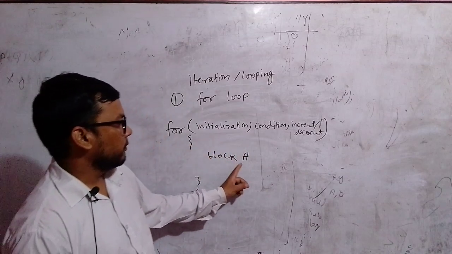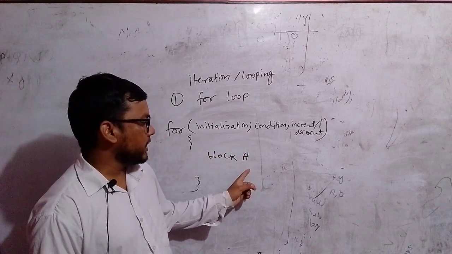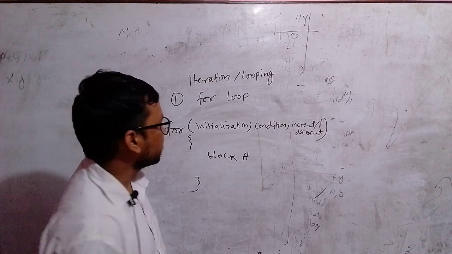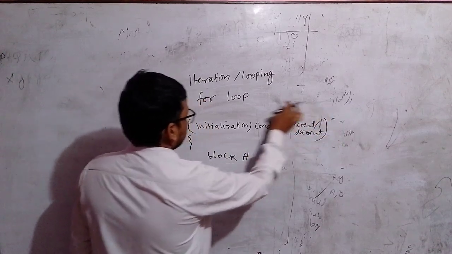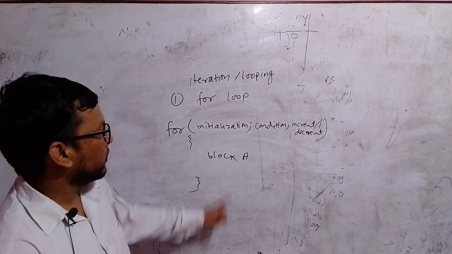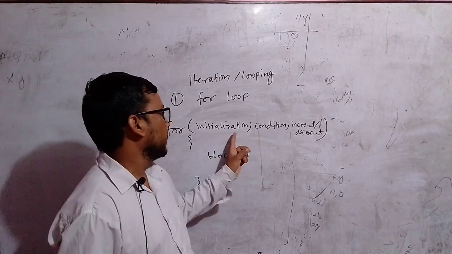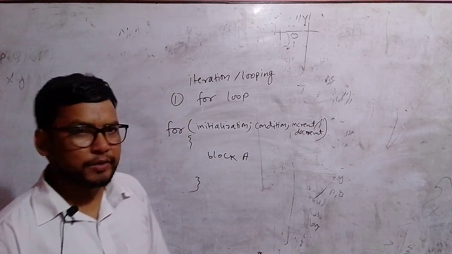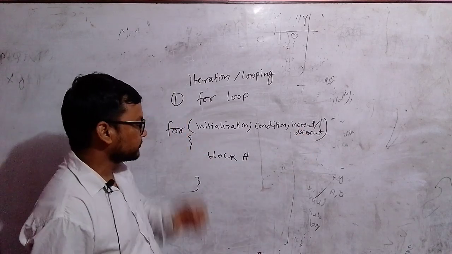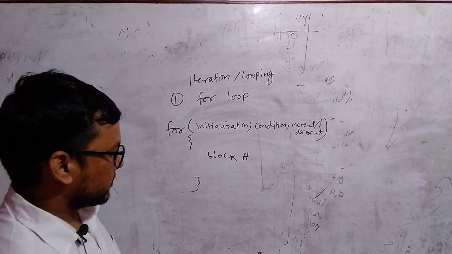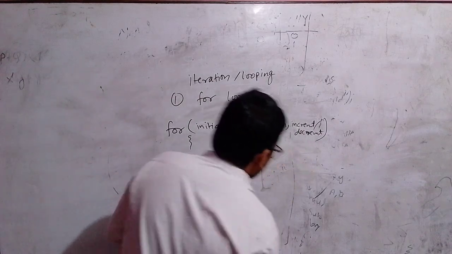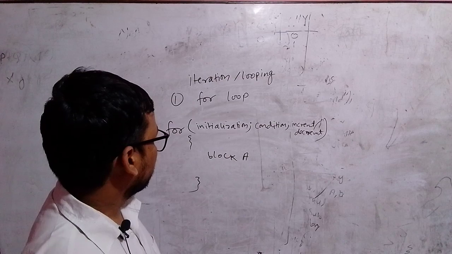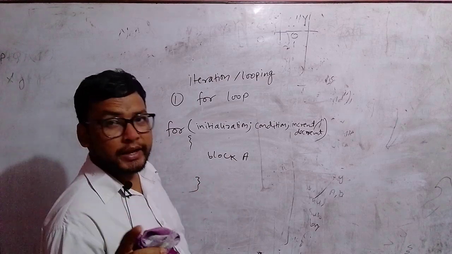Now block A will be executed a number of times, and the number of times is defined by these statements. A for loop contains three things: initialization, condition, and increment or decrement. Let's write a for loop to print 1 to 10.